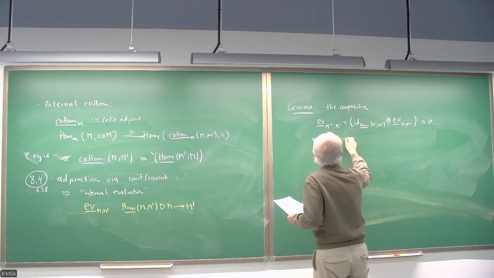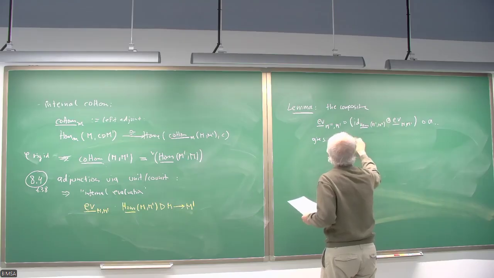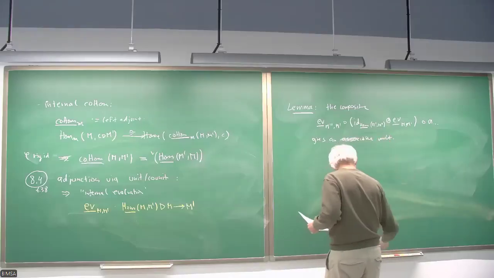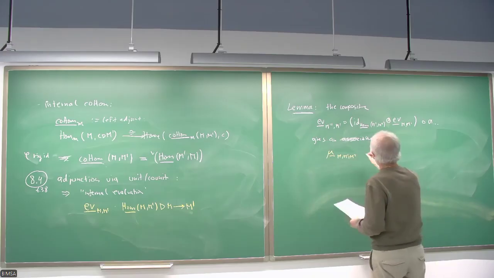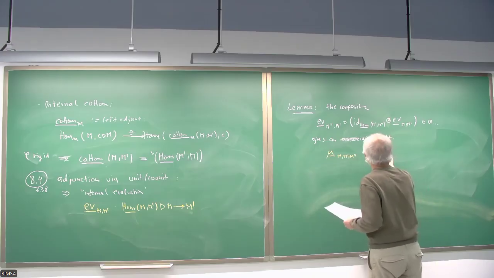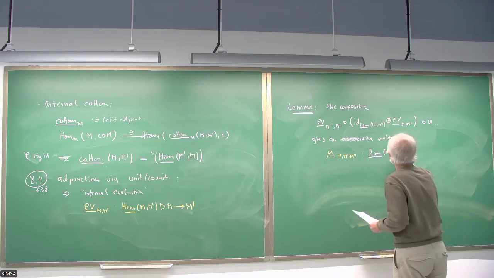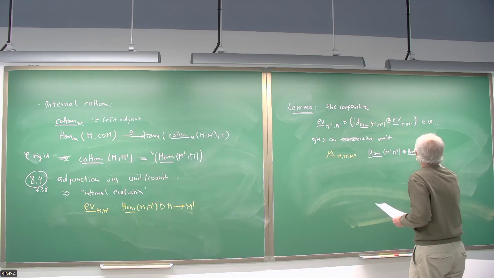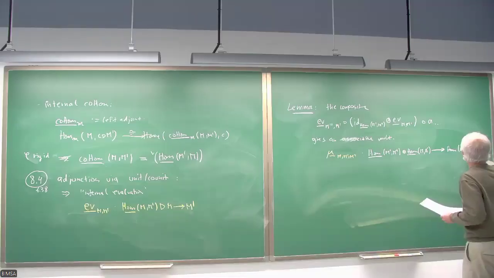This gives a co-associative multiplication, which I denote by mu underscore with indices M, M prime and M double prime, from the tensor product of the internal hom for M prime and M double prime, and the one for M and M prime, to the one for M and M double prime.